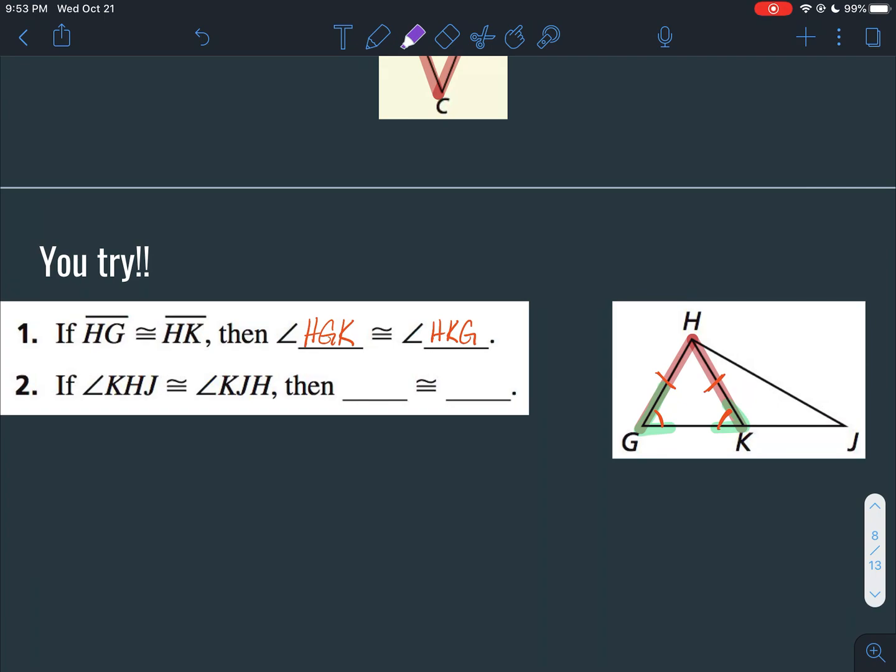It says if angle, well, actually just let me erase these things.